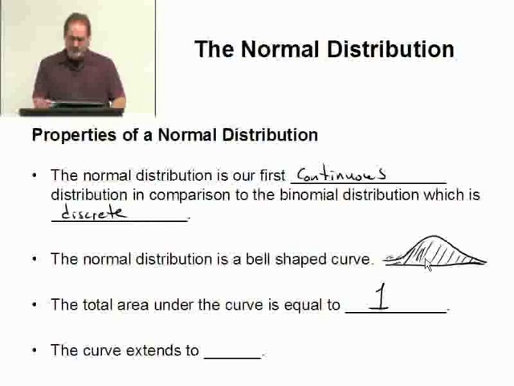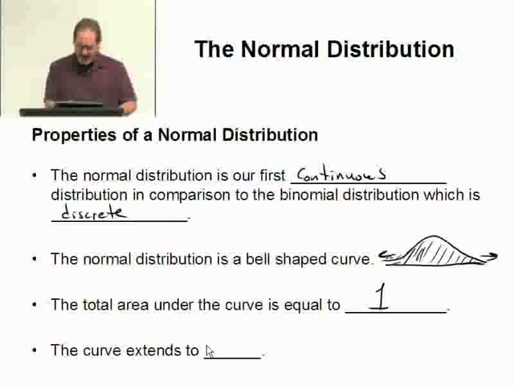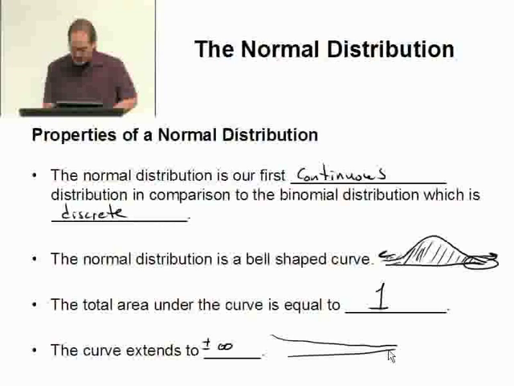Now, these tails that go out like this tail here that goes that way and the one that goes that way, they actually extend all the way out to plus and minus infinity. Now, if I were to take a look at this tail right here and I zoom in on it, the tail's going to look kind of like this. Get really, really close to this line. If I zoom in on that piece right there, that tail is going to look like this. Get closer and closer and closer to the line.